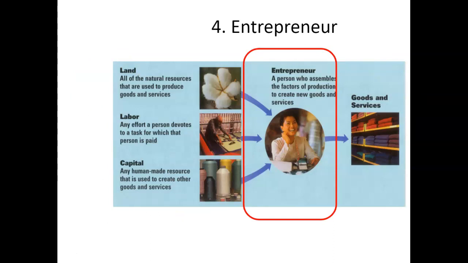And then a fourth factor of production is an entrepreneur. An entrepreneur is someone who can take all of these things, land, labor, and capital, and turn them into a good or service. So, for example, my son is studying to become a licensed cheesemaker in Wisconsin.